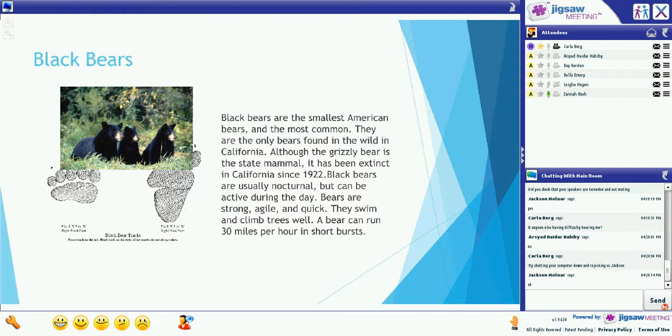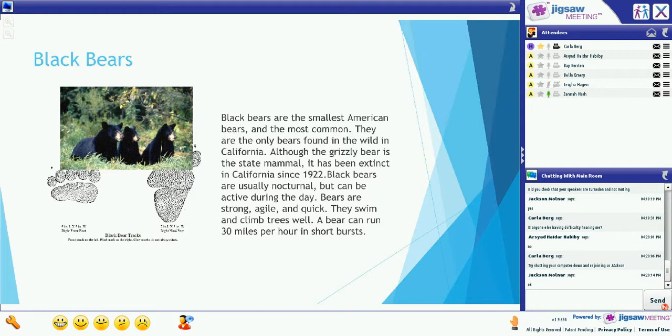Black bears are the smallest American bears and the most common. They are the only bears found in the wild in California. Although the grizzly bear is a state mammal, it has been extinct in California since 1922.